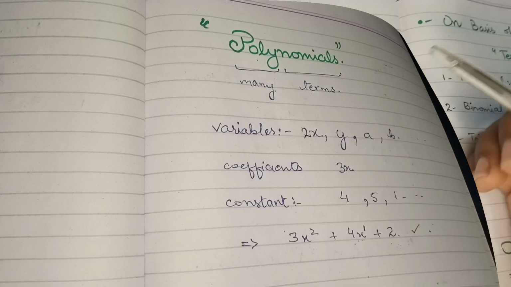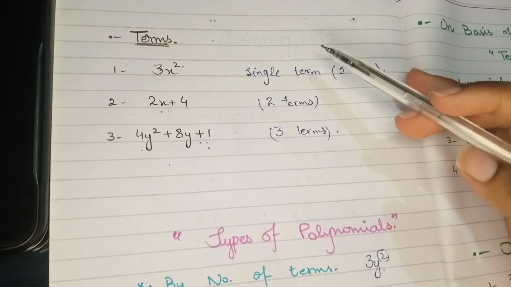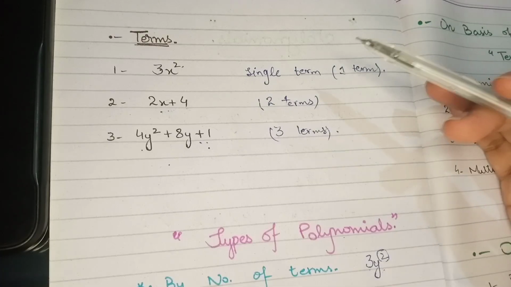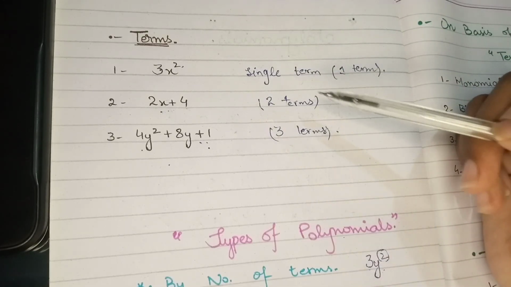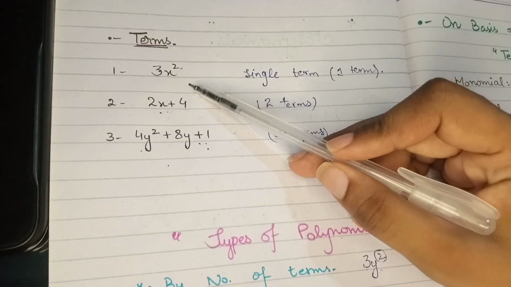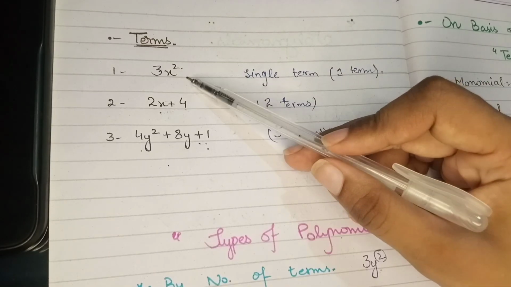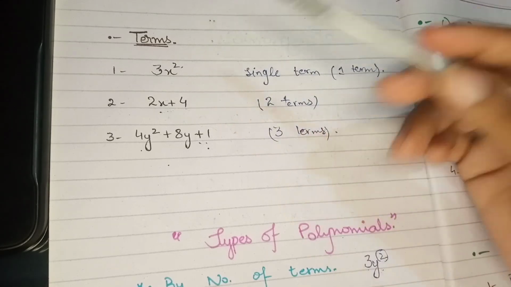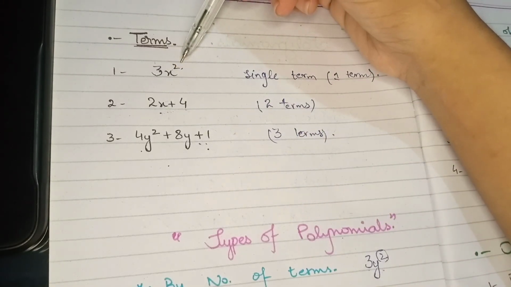So move forward. Students, we are going to see the types of polynomials on the basis of terms. Terms are separated by signs of positive, negative or anything else. In the first example, 3x square, there is a combination of coefficient, variable and a power as well.